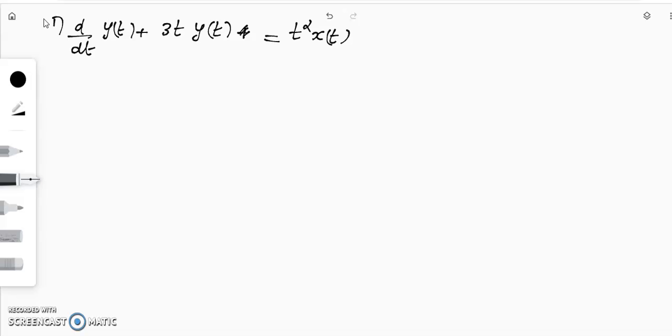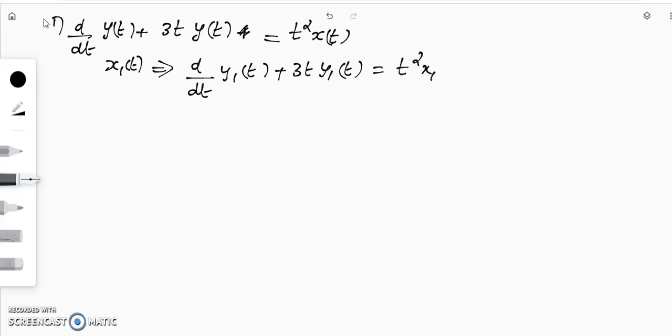So for the weighted sum of the input and output, let us see what happens. Suppose your input is x1t, then the LHS will become d by dt of y1t plus 3t y1t, which is equal to t square x1t. That is the first equation. Now what happens when the input is x2t?